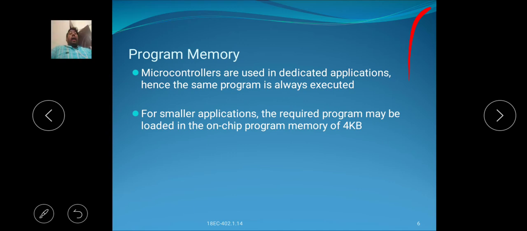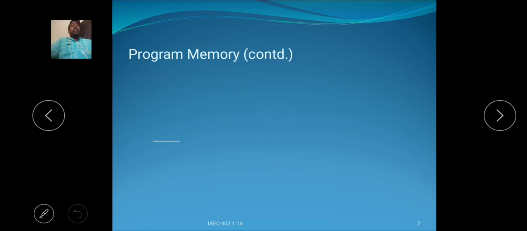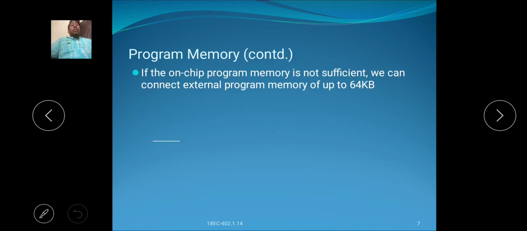For smaller applications, the required program may be loaded in the on-chip program memory of 4 kilobytes. If the on-chip program memory is not sufficient, we can connect external program memory of up to 64 kilobytes.